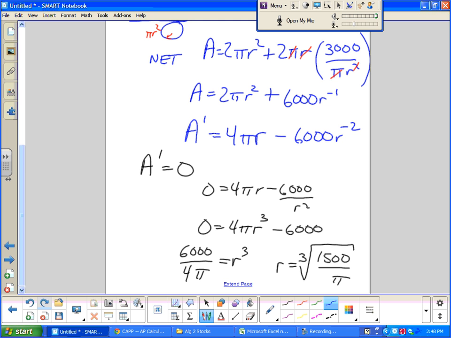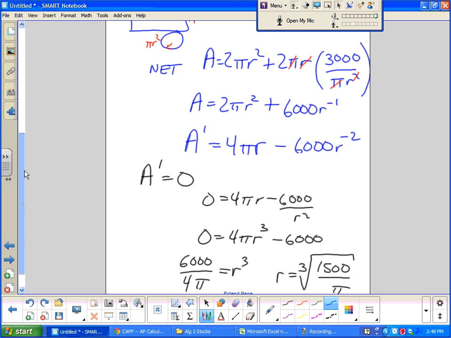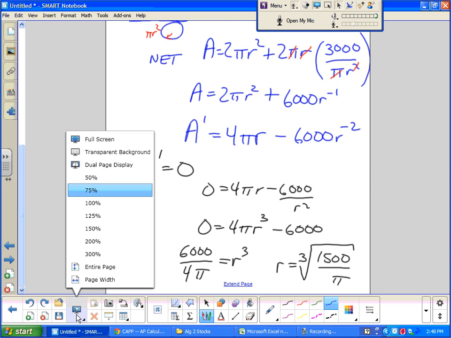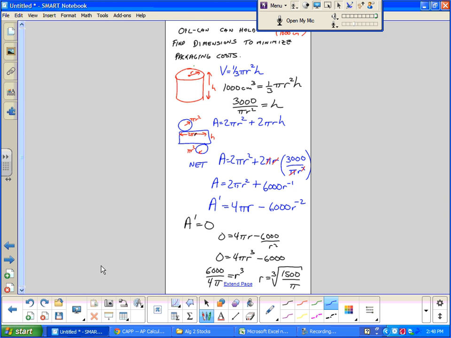I'm just rolling back. All right, it said find the dimensions. Everybody, the dimensions here. I have the r. If I want the h now, there's h, right? I just have to plug r into it and simplify. And we have found the radius. It's terrible, but again, I much prefer to do a decimal here, guys.